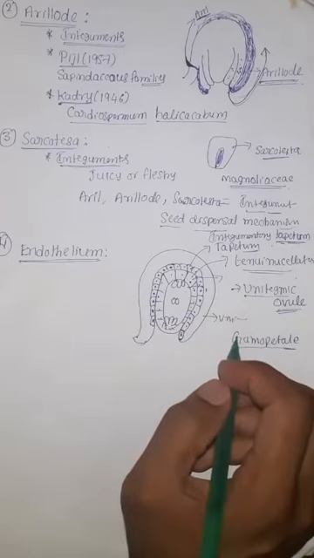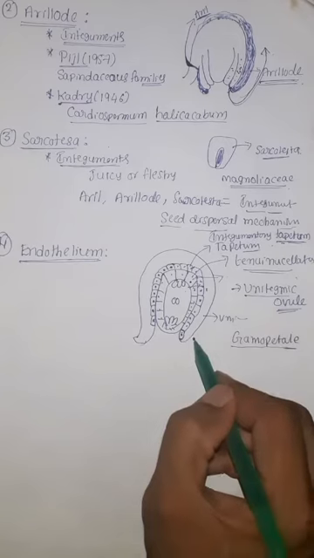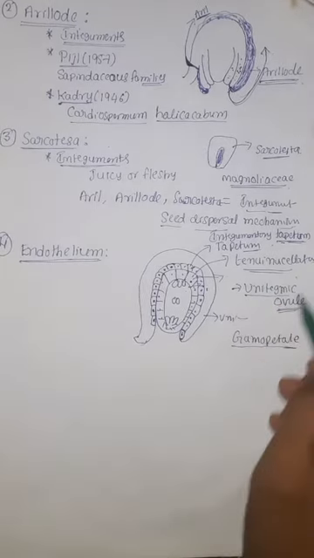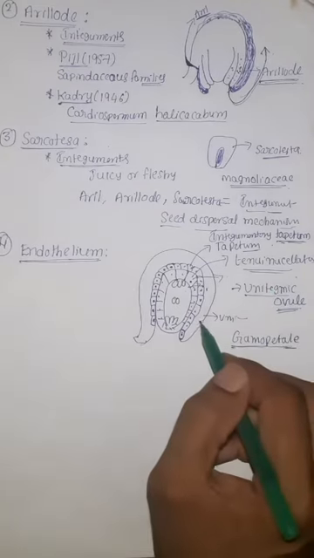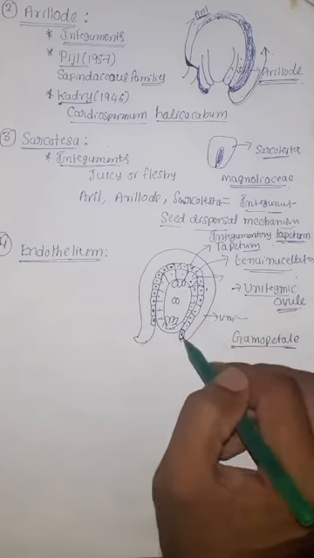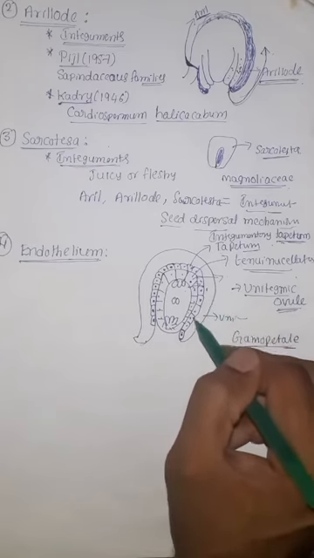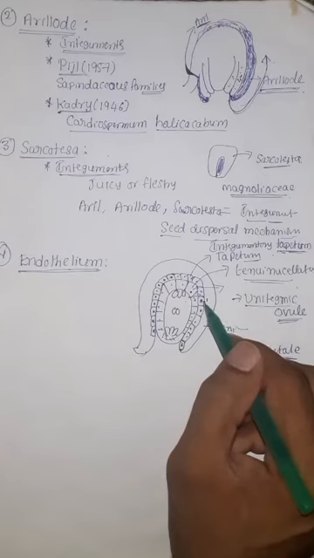It is very important. Once again I will repeat. It is found in unitegmic ovules where the tenuinucellate condition is present. These two are found in gamopetalae plants. Here the ovules consist of only one single integument. In that integument the inner layer of cells becomes very prominent in size and acquires a prominent nucleus and is also rich in nutrients.